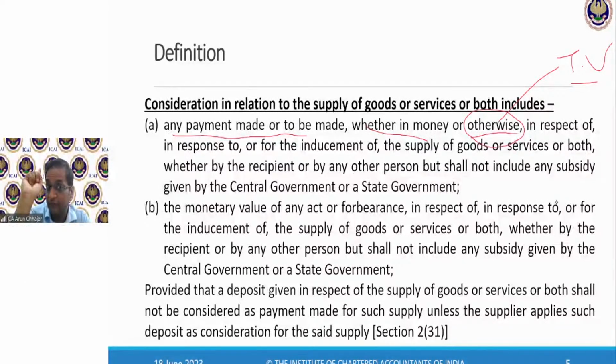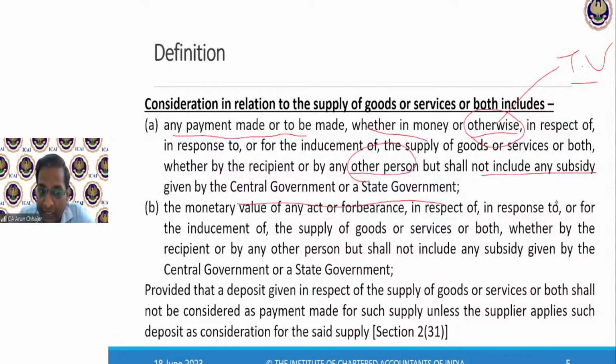Consideration means any payment made or to be made in money or otherwise in respect of, in response to, or for the inducement of the supply, whether by the recipient or by any other person, but shall not include any subsidy given by the central government or state government.